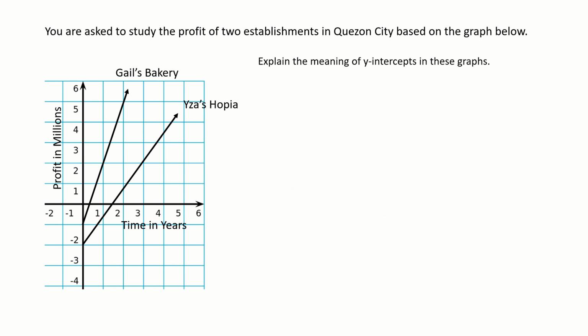For the fifth question, we are asked here to explain the meaning of the y-intercepts in these graphs. So looking at the graph, for Gale's Bakery, the line crosses the y-axis at 0, -1.